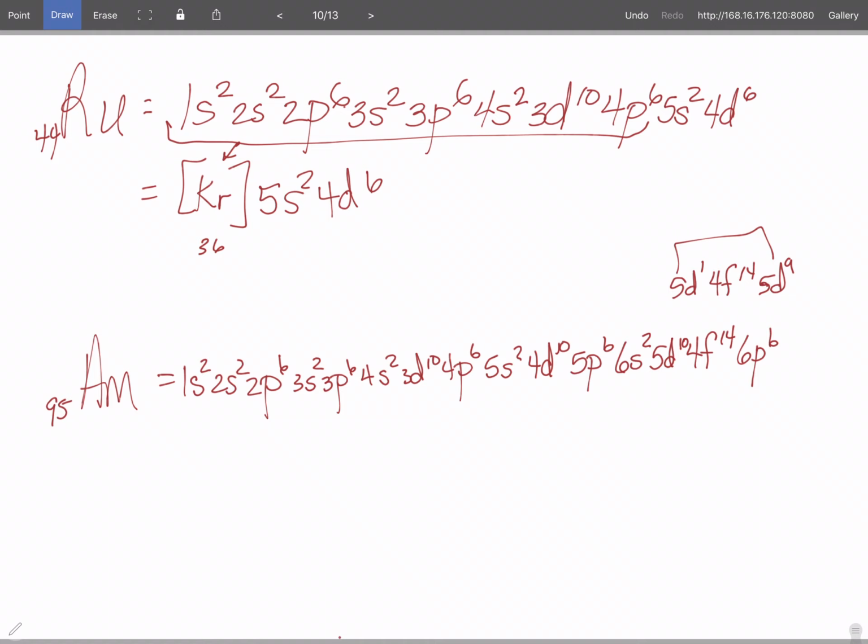Okay, then we're at 7s2, 6d1. And then that's actinide. And then we're going to go 1, 2, 3, 4, 5, 6. So then we'll have 5f6. Wow.